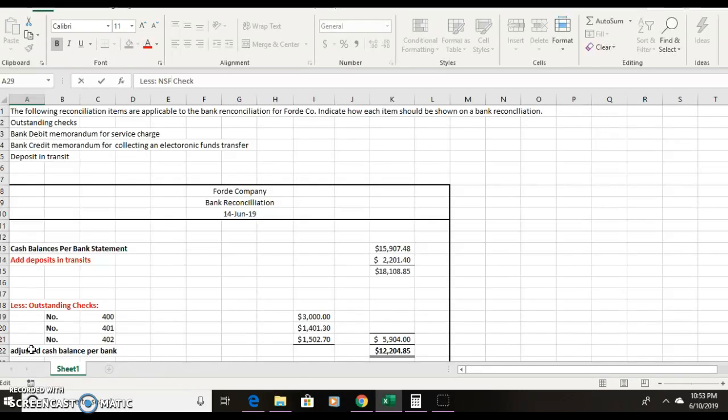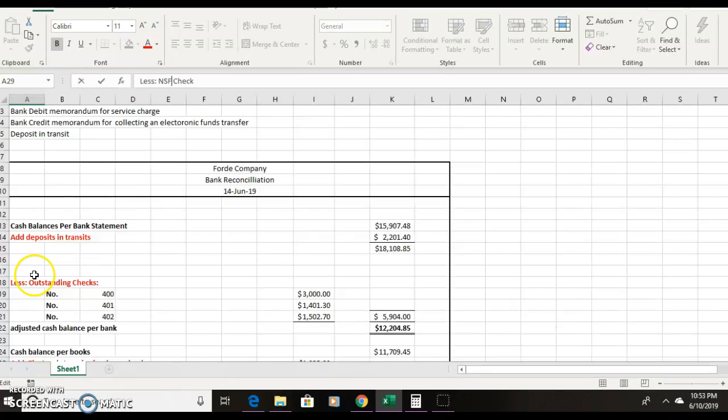So we list the numbers. I've got number 400, 401, 402, and their amounts. Then you total those up and put them here. Actually, you subtract those from the 18,000, and that gives you a total of 12,204.85.